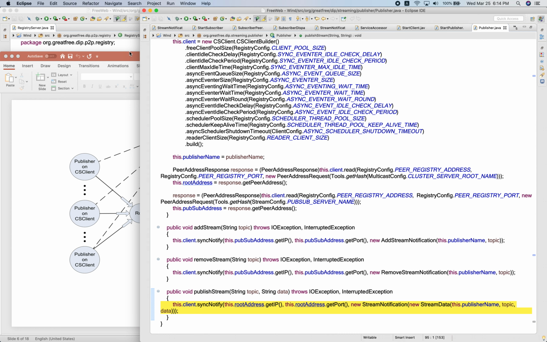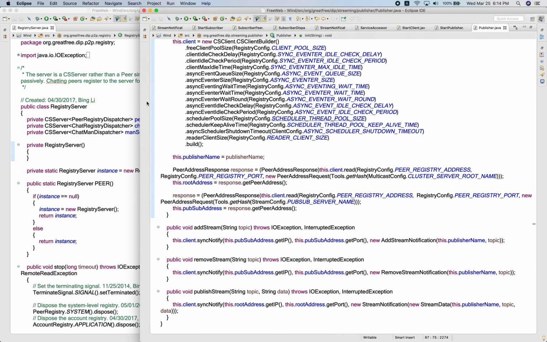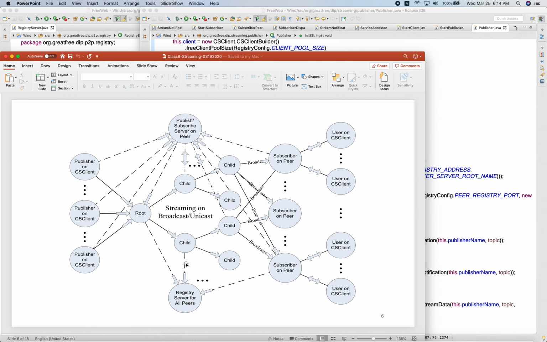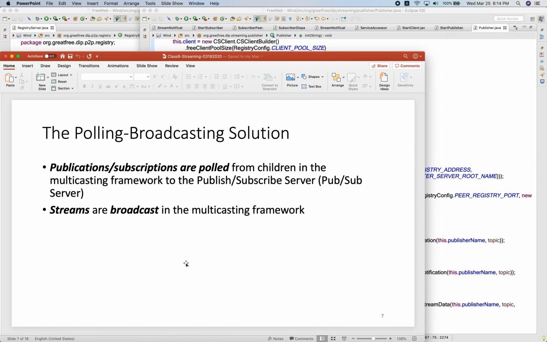Okay, I think I have finished all the code about the first approach. The first approach is this one, the polling broadcasting solution.